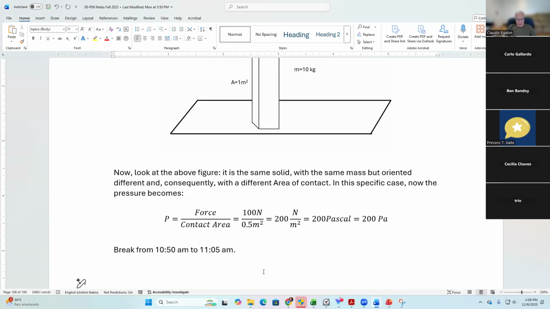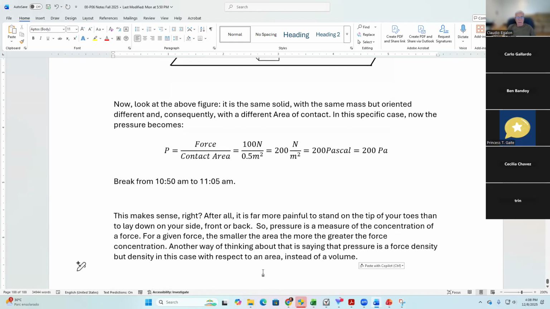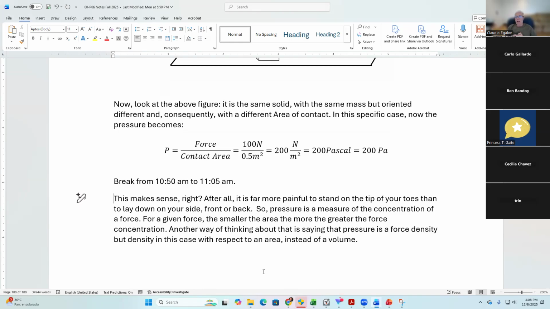And here you go. Does it make sense? Okay. So the smaller the area for the same force, the higher the pressure. And also the smaller the force for the same contact area, the lower the pressure, right? Goes like that. The pressure is directly proportional to the force, inversely proportional to the area.